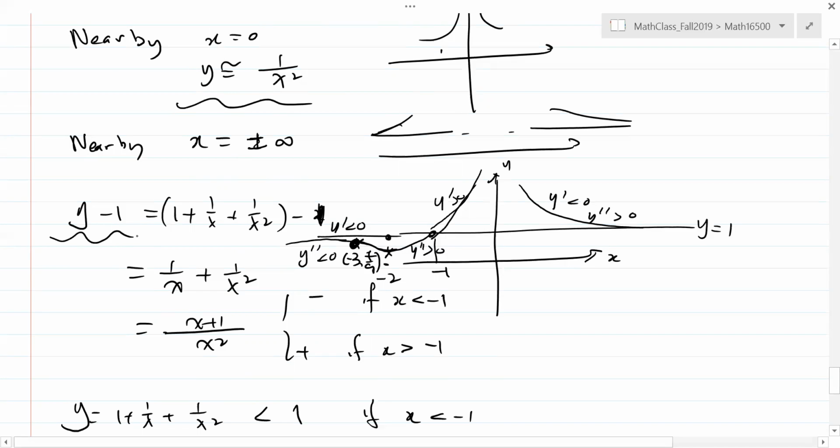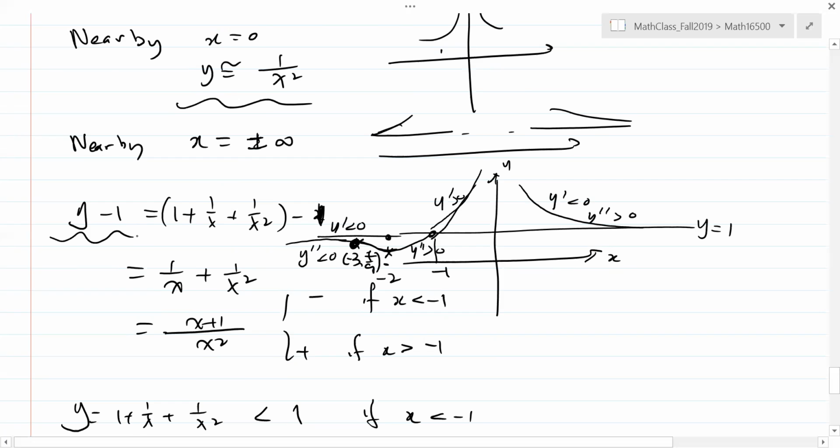Once it's below the horizontal asymptote, it must go like that. It will go across the horizontal asymptote, but you have to go up again because y equals 1 is the horizontal asymptote as x approaches negative infinity. So you have to go up. If you have to go up, there must be a concave down part.